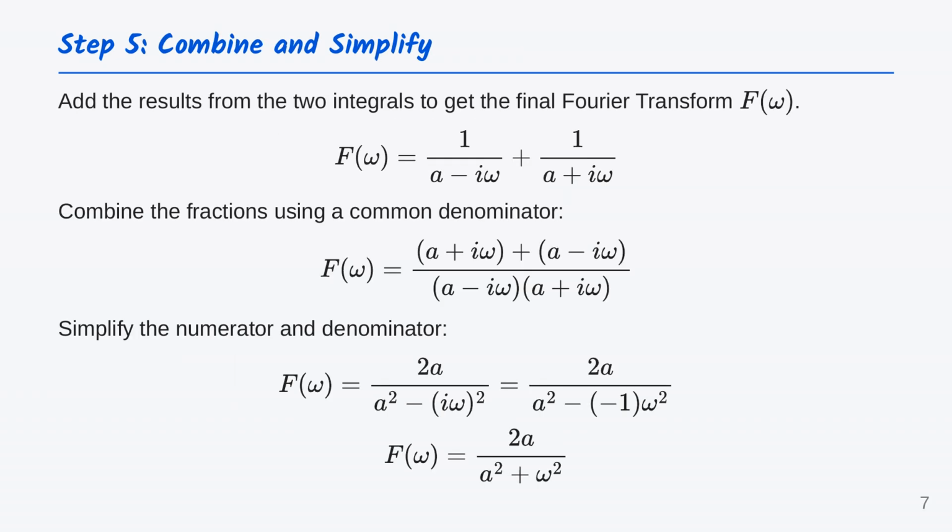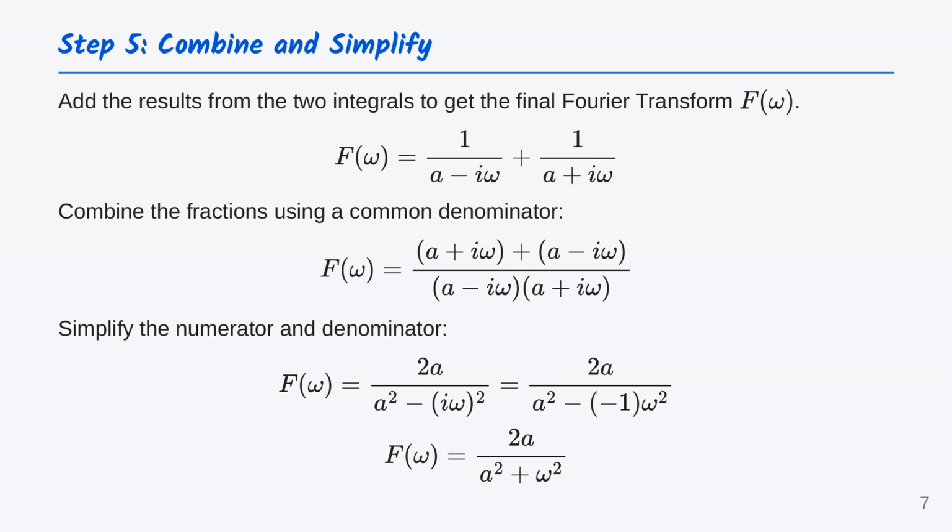We are in the home stretch. All we have to do now is add the results from our two integrals to get the final Fourier transform F of omega. So we have F of omega equals 1 over a minus i omega plus 1 over a plus i omega. To combine these, we'll find a common denominator, which is just the two denominators multiplied together. This gives us a plus i omega plus a minus i omega in the numerator, all over the product of a minus i omega and a plus i omega.